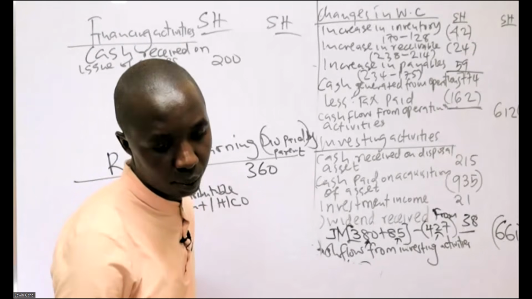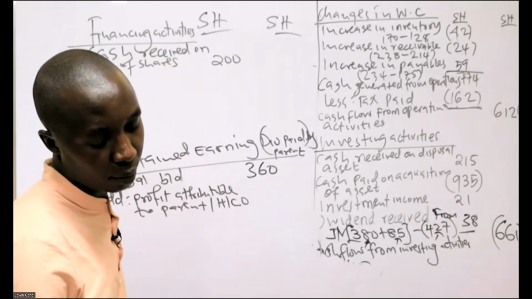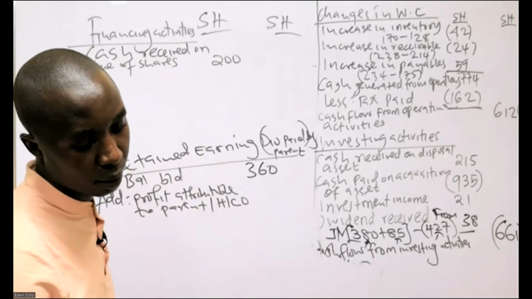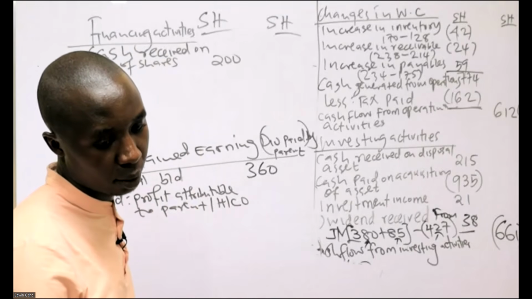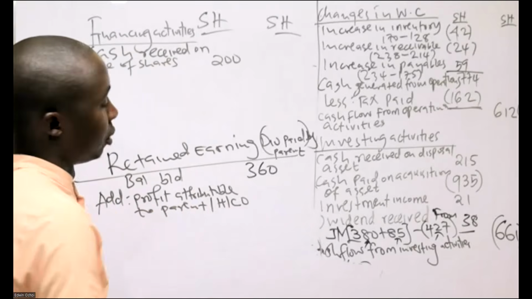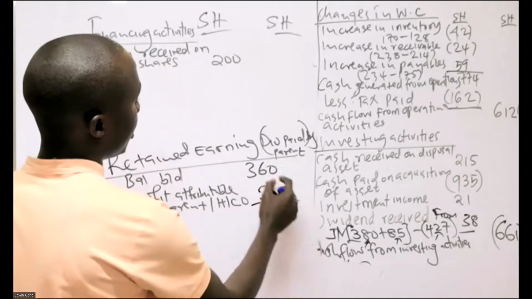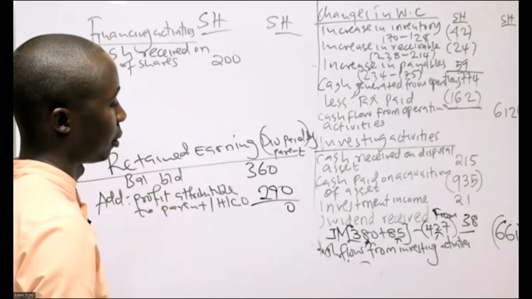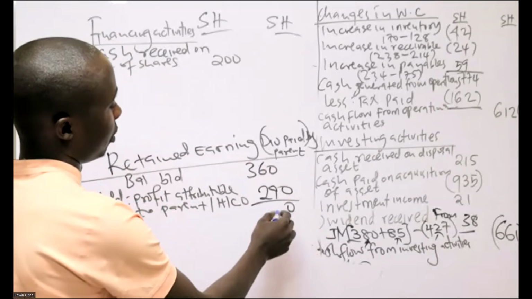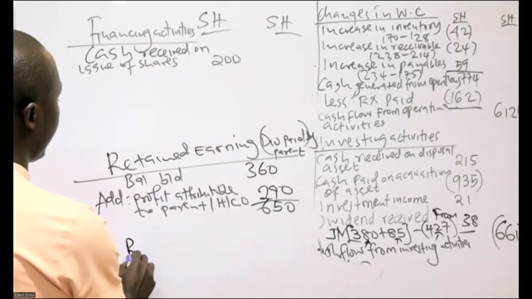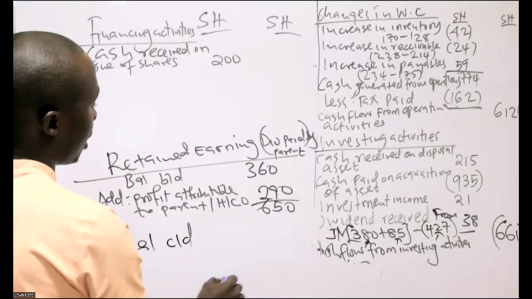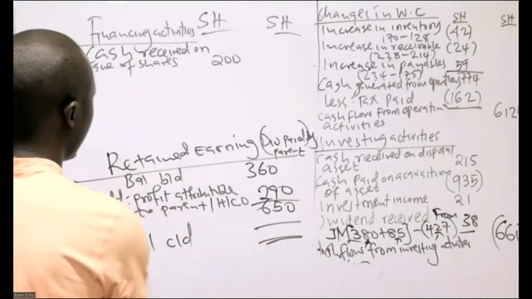The profit attributable to parent from the income statement is 290. So if you take 360 plus 290, this is 650. So the balance carried down for the retained earnings, so you skip one line here.